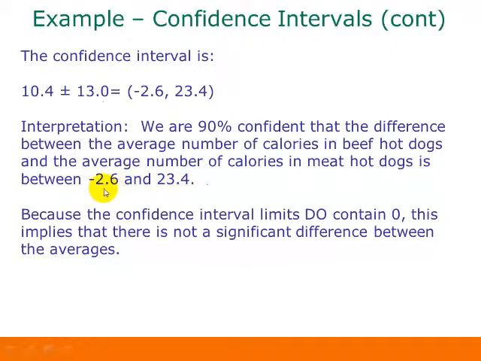Because we've got one negative value and one positive value in our confidence interval, that means that 0 is included in this interval. That means that our true difference between the two population means could actually be 0, which would mean that the two population means are actually the same. So this implies that there's not a significant difference between the two averages.